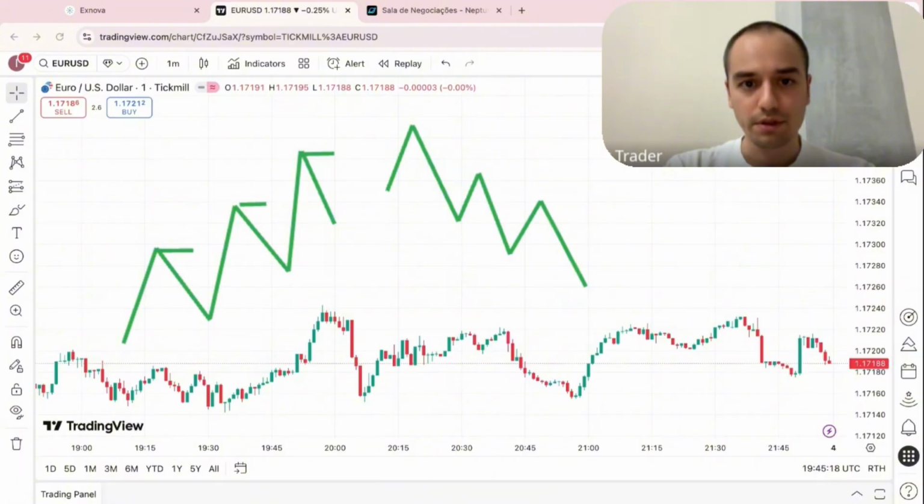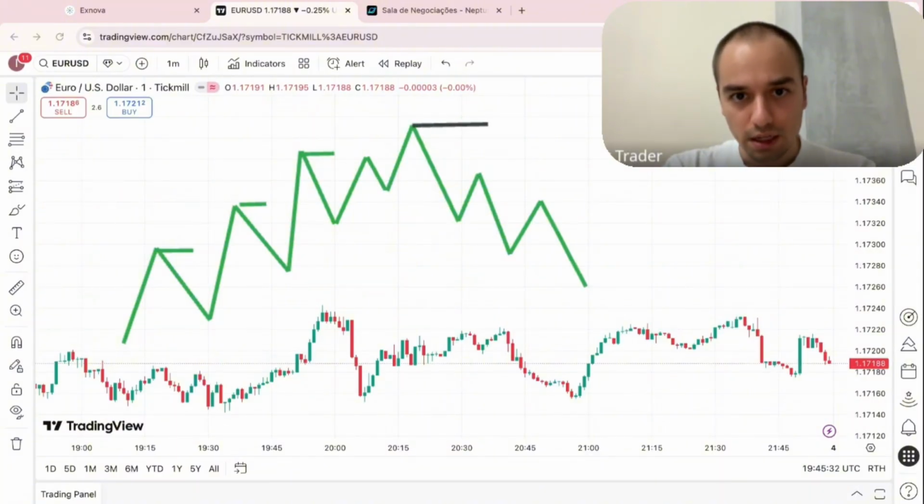For example, if we have here repeating higher highs and higher lows, then eventually we have a low which has been broken.